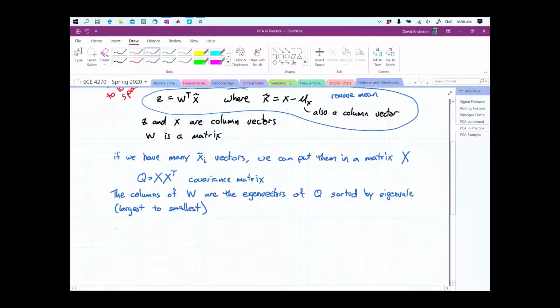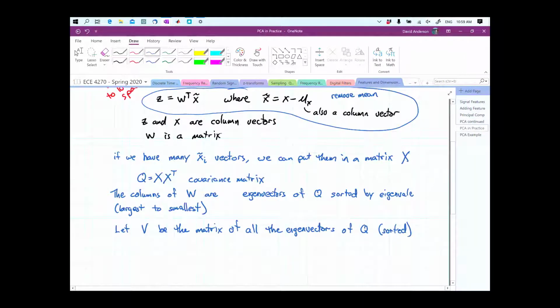and for right now I'm going to introduce some new notation. Let V be the matrix of all the eigenvectors of Q, sorted as above.